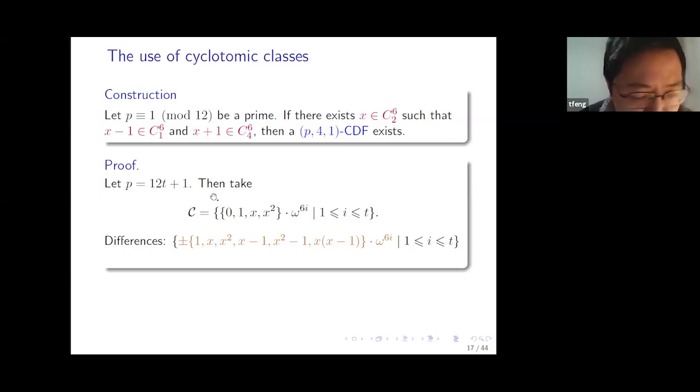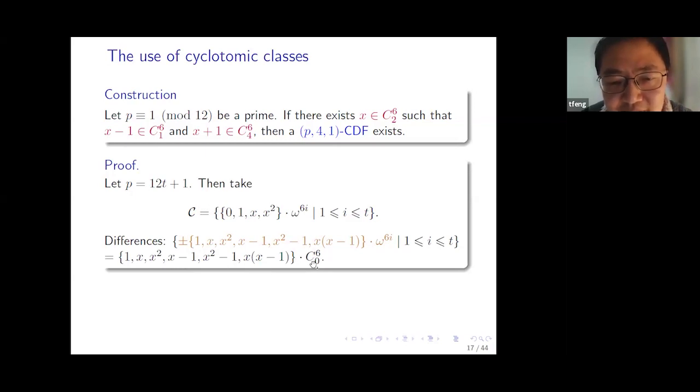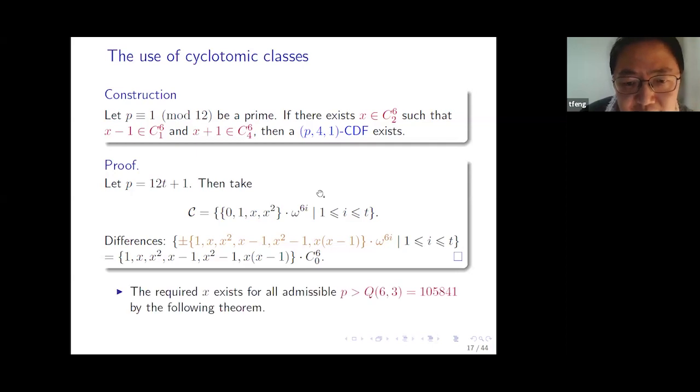So minus 1 equals omega to the 60. So the set of these differences equals the following, where after the dot is C_0^6. If we want all of the differences to cover the non-zero elements of the cyclic group of order p, we just require that these 6 elements belong to 6 different cosets, forming a representative system of the cosets of C_0^6 in F_p. And this can always be done using the following theorem.